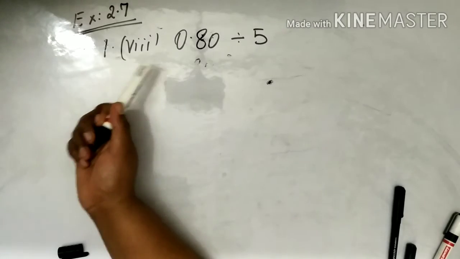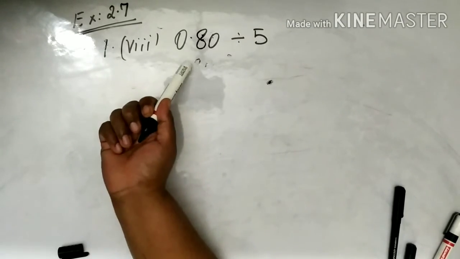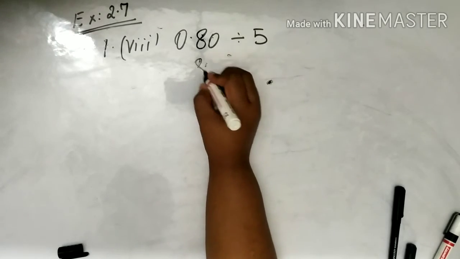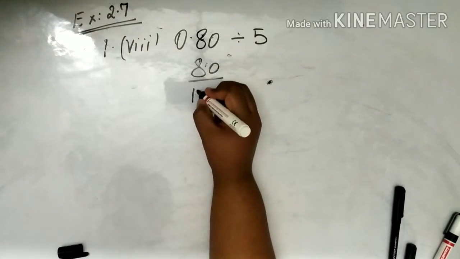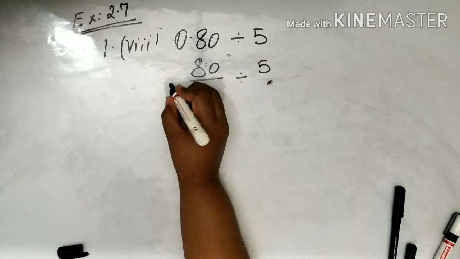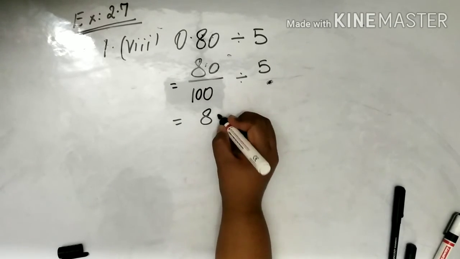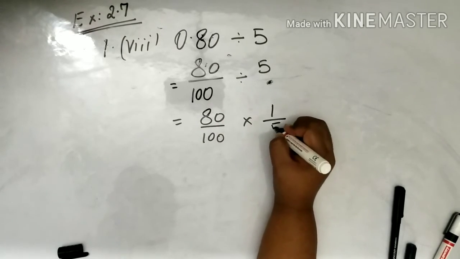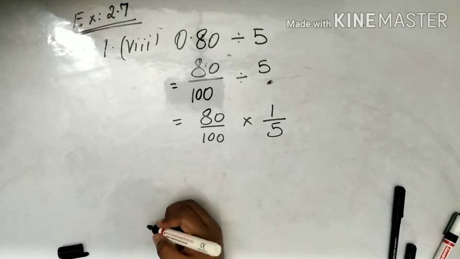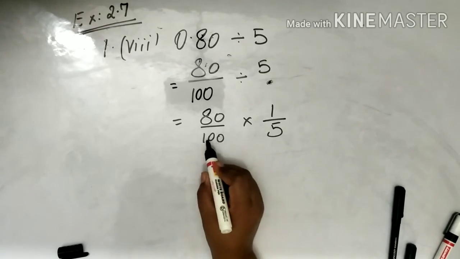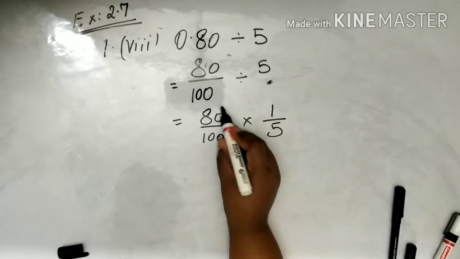Let's see the first question, part 8. The question is 0.80 divided by 5. So we can write this directly as 80 by 100 divided by 5. Next step, 80 by 100 into 1 by 5. Now in this kind of question, always remember not to solve the zeros first.